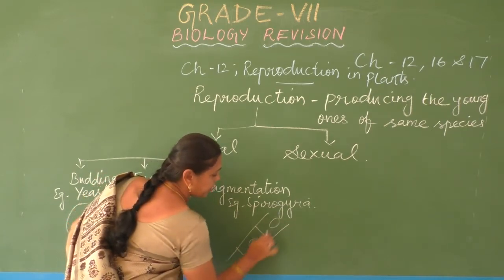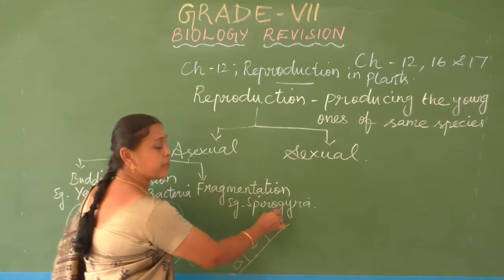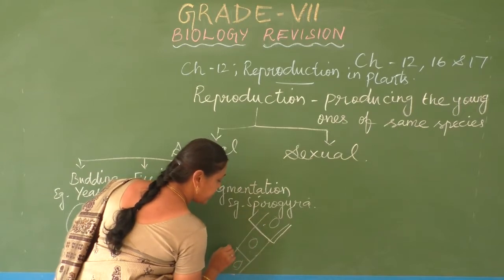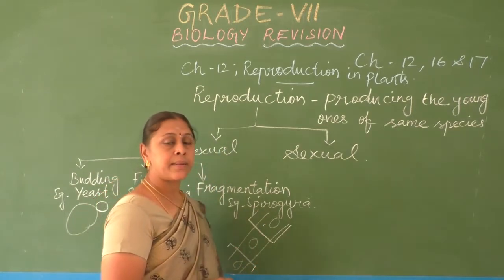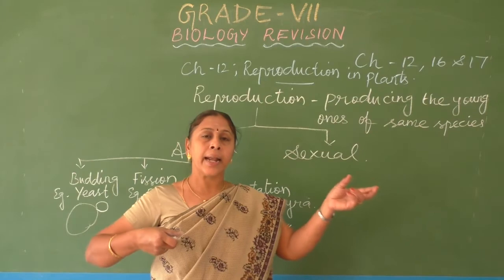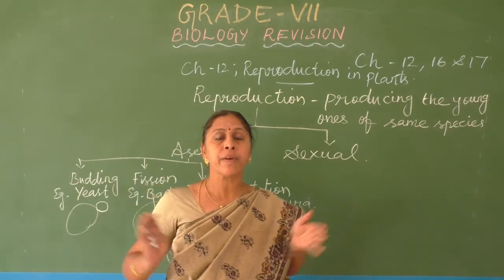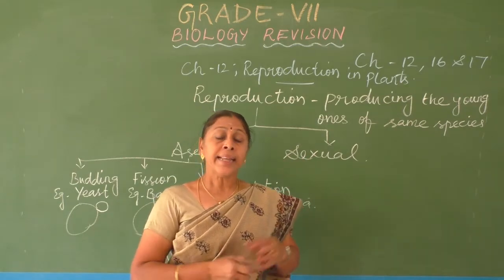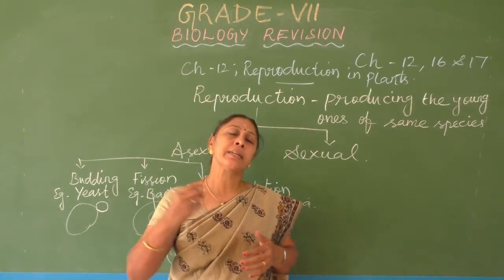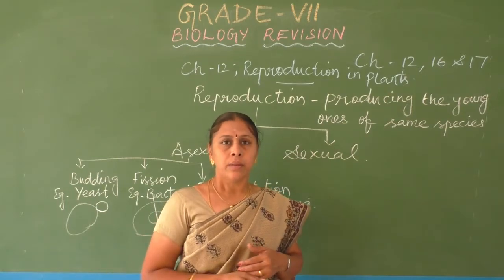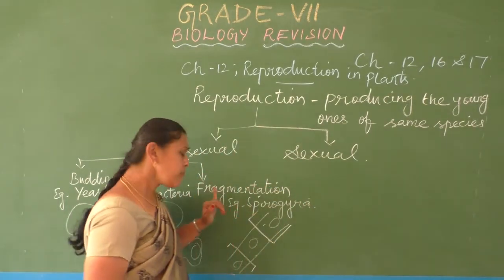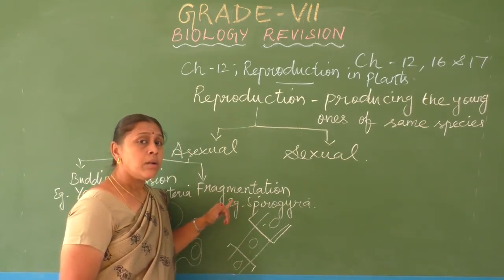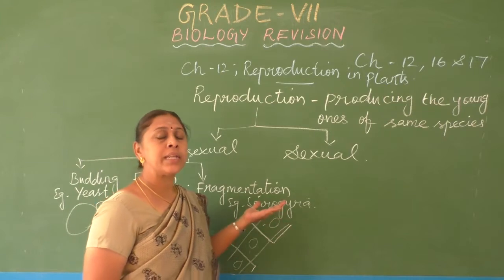And inside, the nucleus and the cellular materials, everything will be present. And these will divide into fragments. A single stranded Spirogyra will divide into fragments, small pieces. Fragments means broken pieces. And each divided fragment will develop into a new individual.